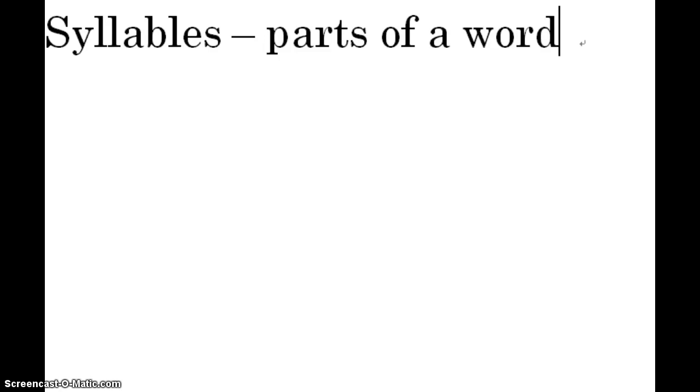And to check how many syllables there are in a word, gently put your hand under your chin like this. You don't need to push your hand up onto your chin.